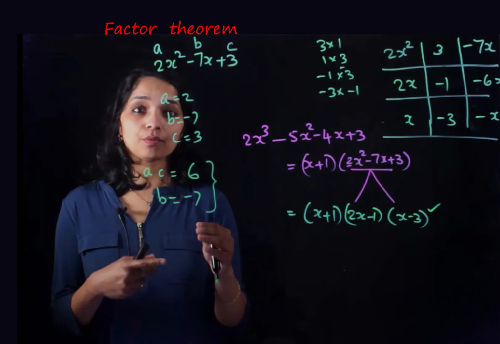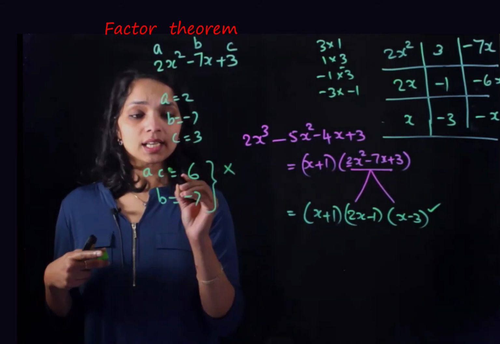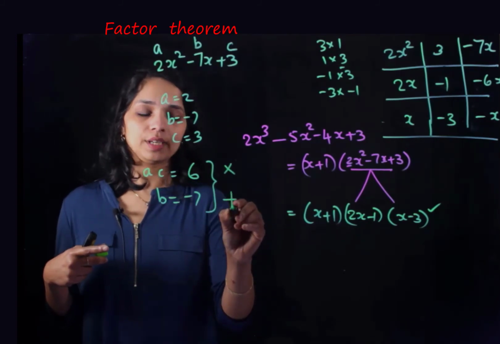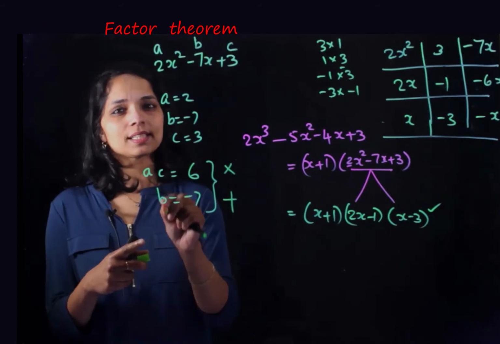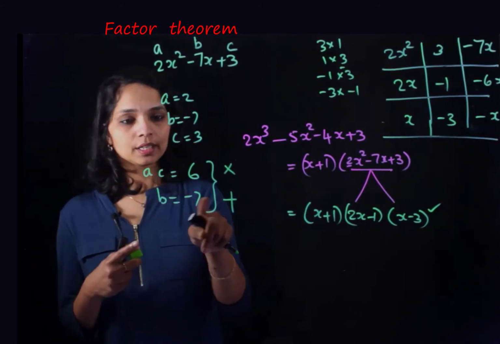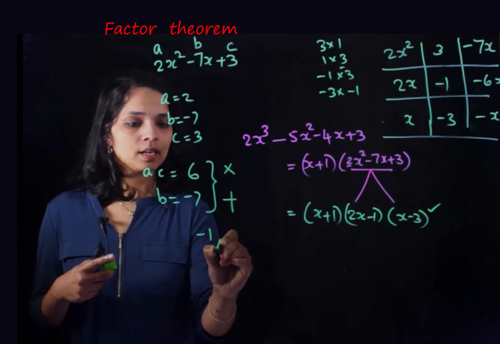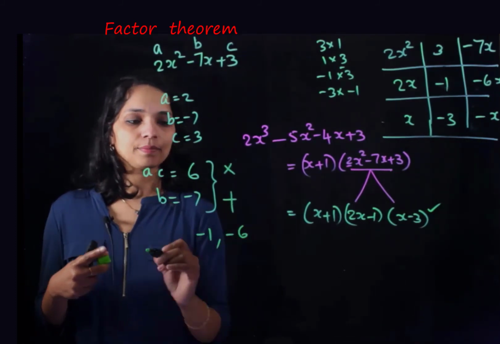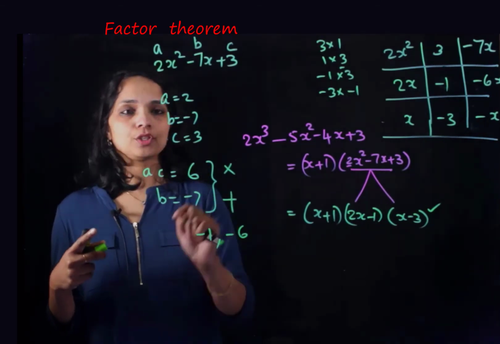Now you're looking for two numbers, which when you multiply gives you 6, and when you add, you get minus 7. Again, a little bit of trial and error method, but it's a little bit more systematic way. And you can see that two such numbers are minus 1 and minus 6. Okay, so they multiply to give you 6 and add to give minus 7.